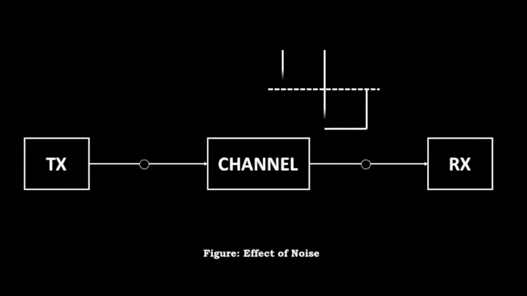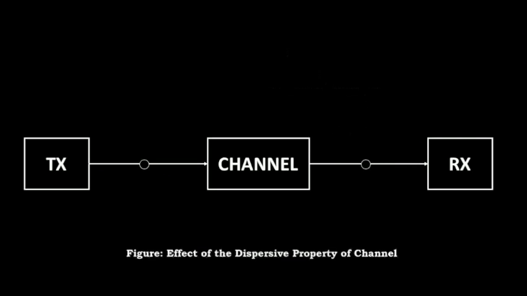This is the effect of noise on our signal, whereas this is the effect of the dispersive property of the channel. We already know that a channel introduces a common property, and that is distortion, whether it is additive or non-additive. For the additive effect of the channel on our signal, we have noise, which is just a linear addition of noise to our given signal.